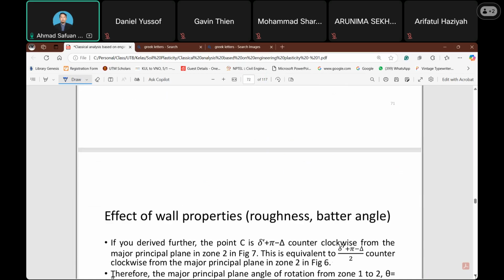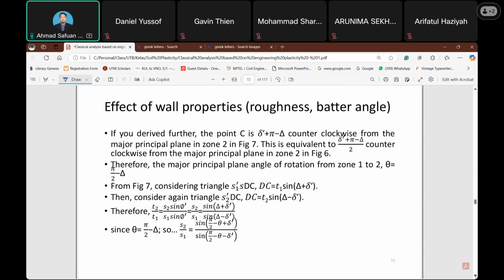So if you derive further the point C, for another point C, it is delta plus pi minus delta counterclockwise from the major principal plane in zone 2 in figure 7.